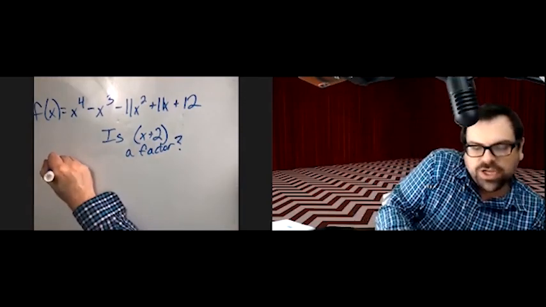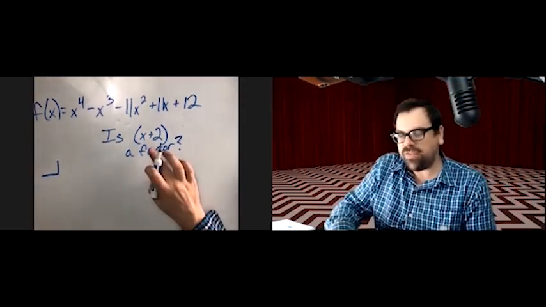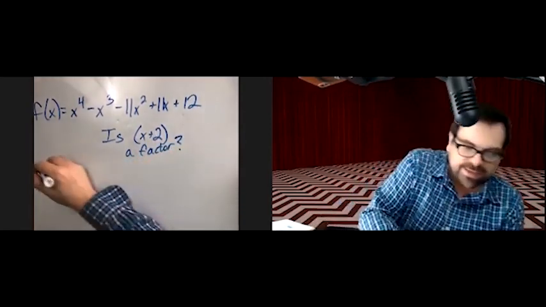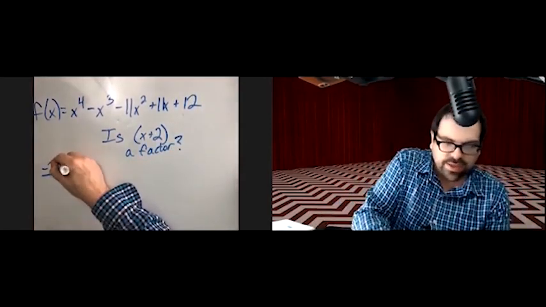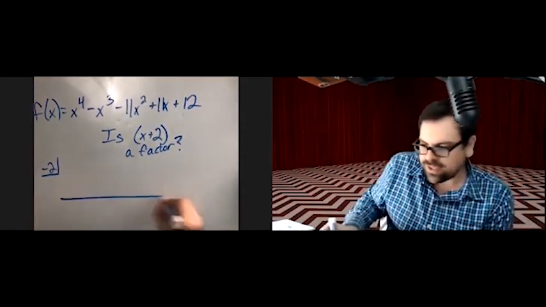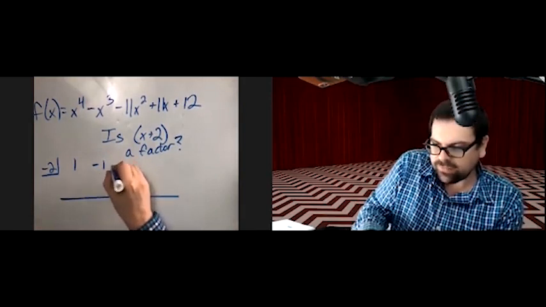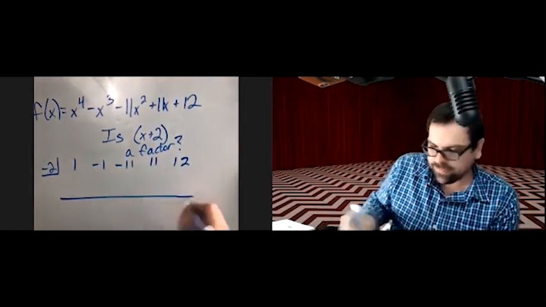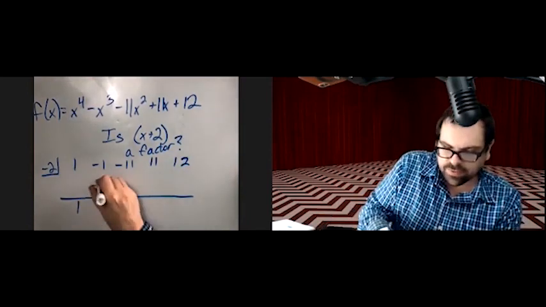Well, what are we checking to see if it's a 0? If x plus 2 is the factor, x minus negative 2 is x minus c. So we're putting negative 2 in the box for 1, negative 1, negative 11, positive 11, and 12. Bring down the first number.